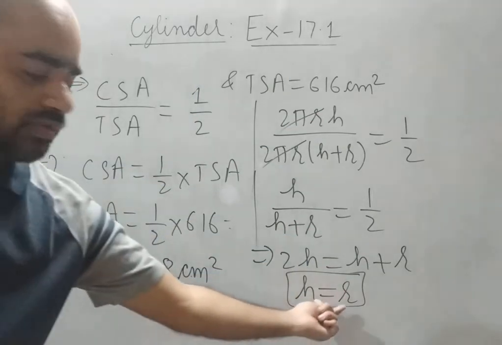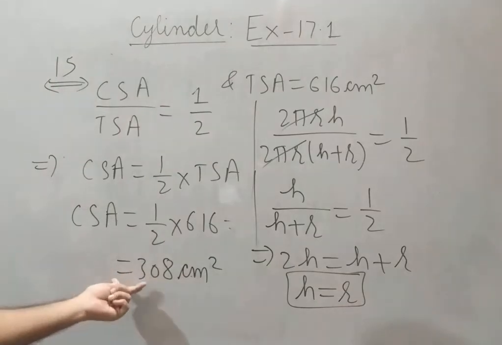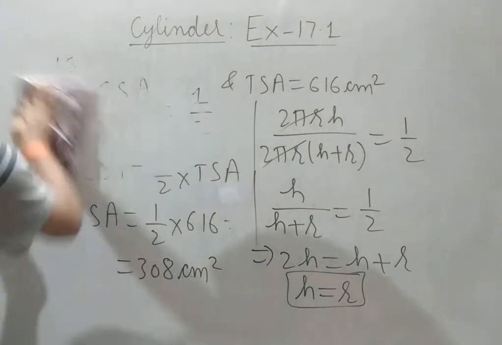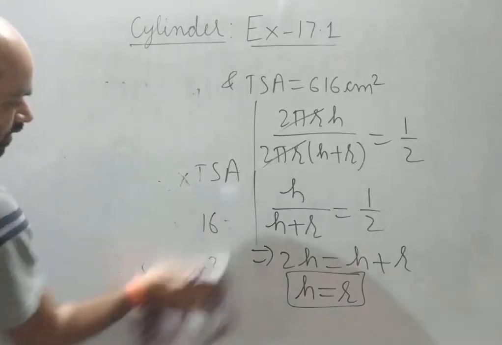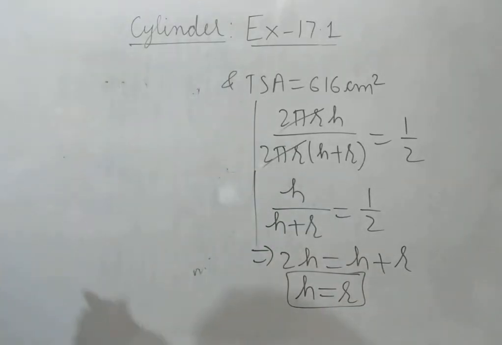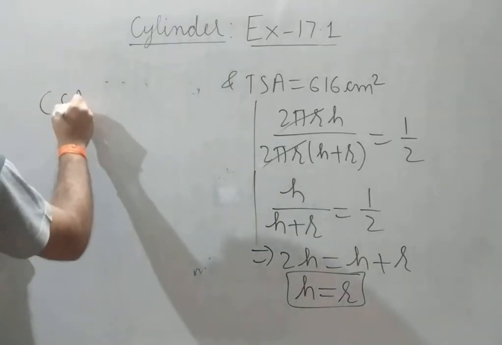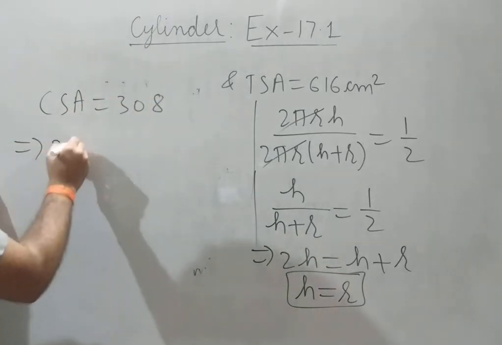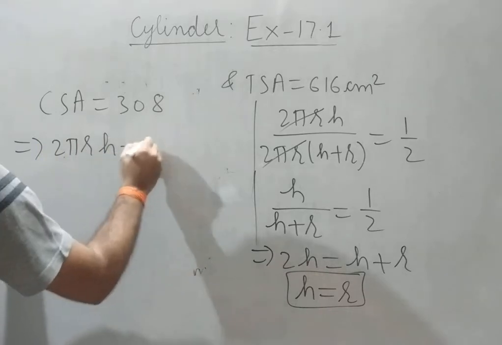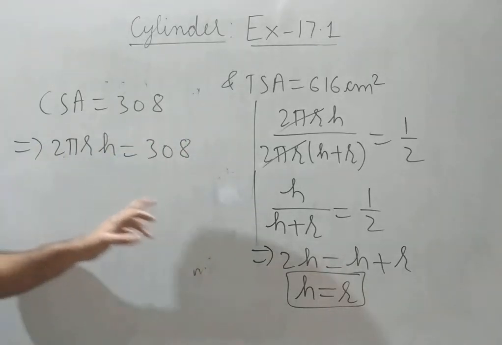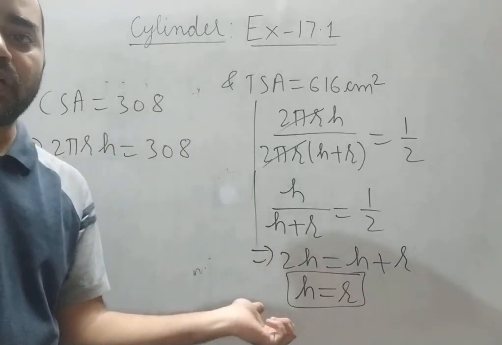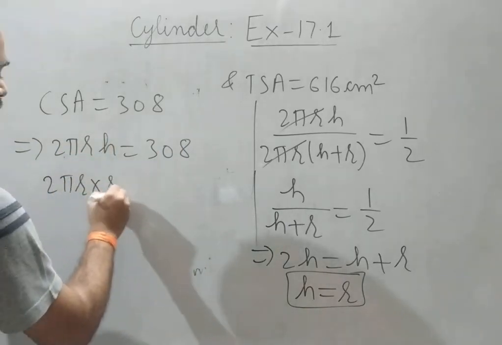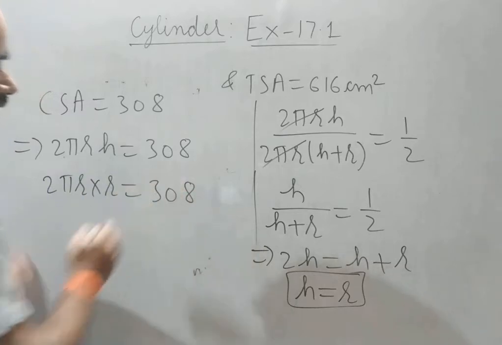So we are going to substitute this value in the curved surface area. Curved surface area we have calculated, that is 308. Curved surface area is 2 pi r h. Now if we substitute, h and r both are equal, so we can write 2 pi r into r. Correct? Why?